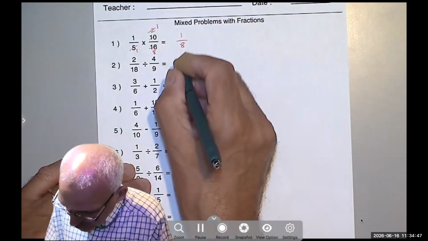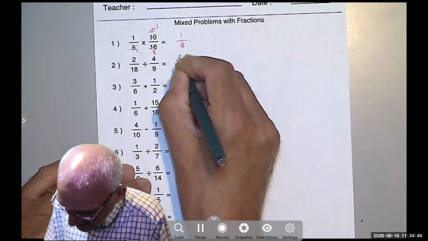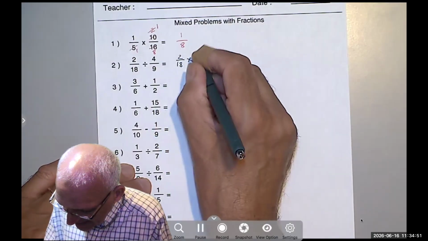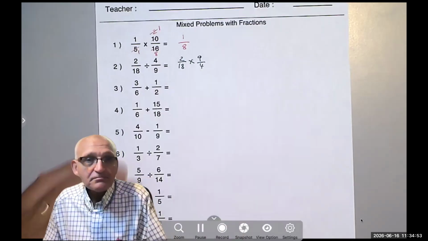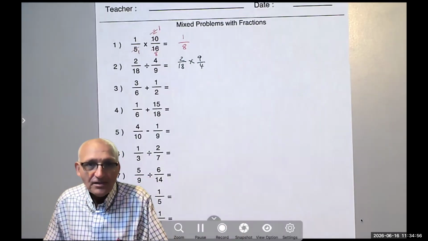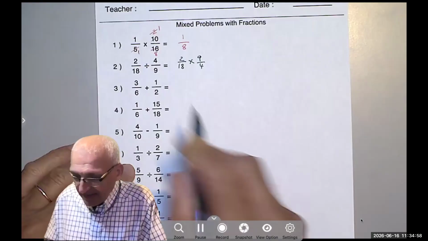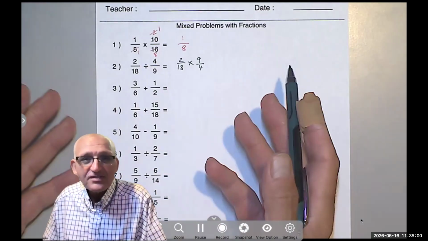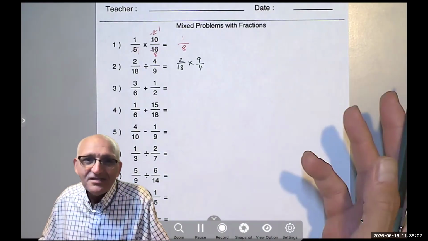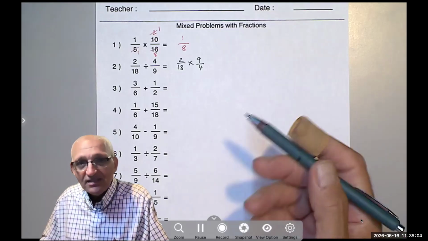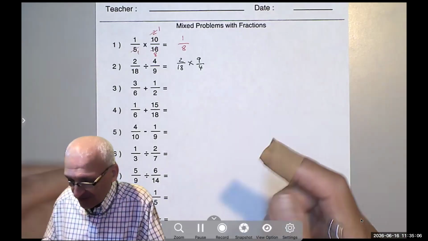So that becomes 2 over 18 times 9 over 4. Again, some people multiply first and then simplify. It really doesn't make sense. It's better to divide first.